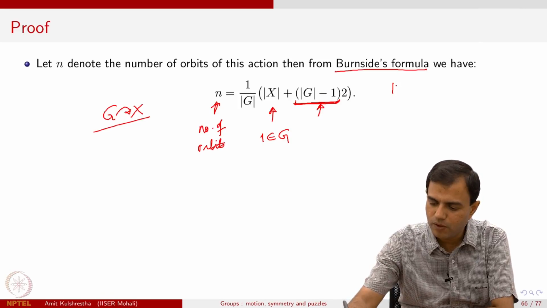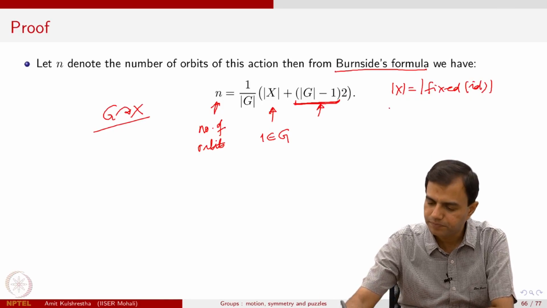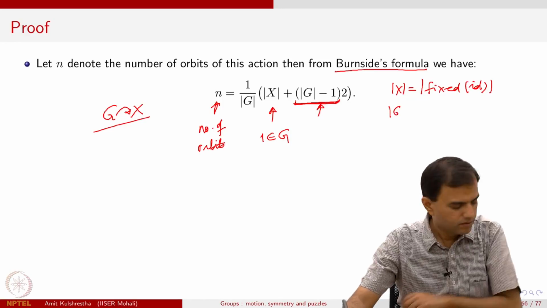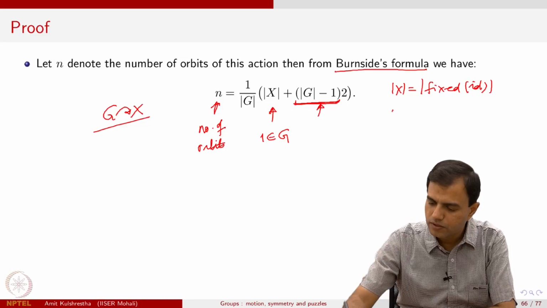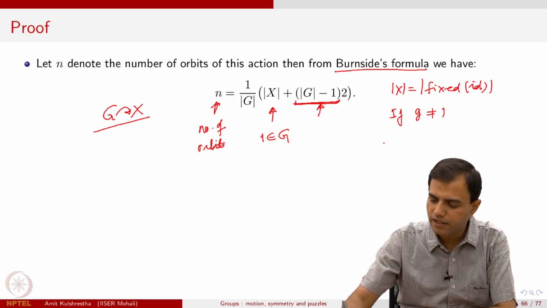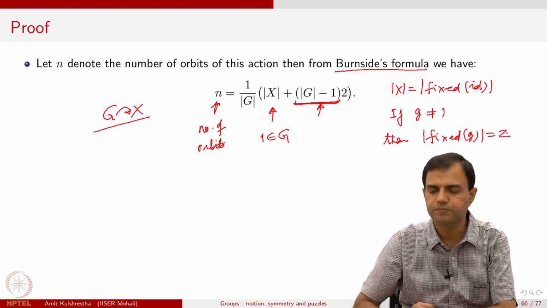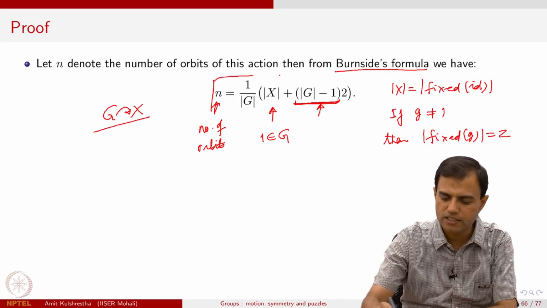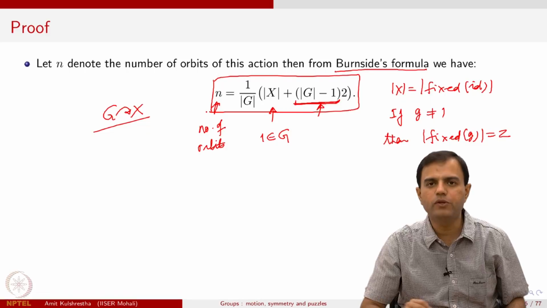So this mod X is precisely the size of fixed points of identity, and for non-identity, so if g is different from identity, then fixed points are going to be only 2, right? So that's how I get this. Again and again, quite frequently, I am going to use this formula.